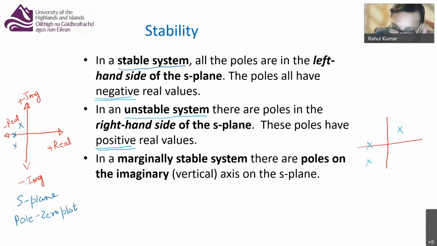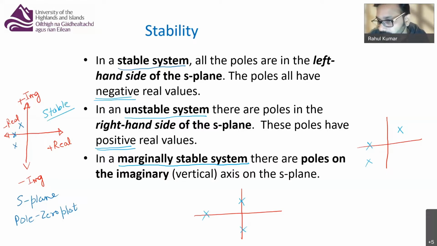And the middle condition: if the poles are on the imaginary axis, maybe something like here, two poles on the imaginary axis, then we say that our system will be marginally stable. Marginally stable means neither stable nor unstable. Middle condition. So this is my stable system.